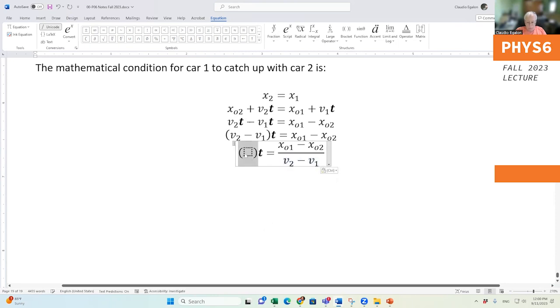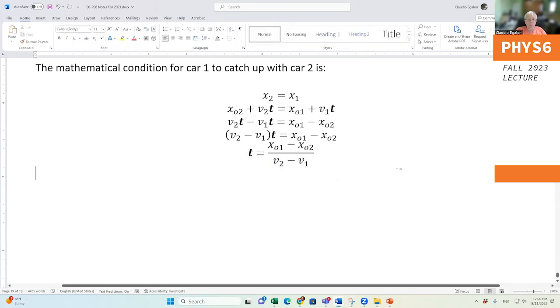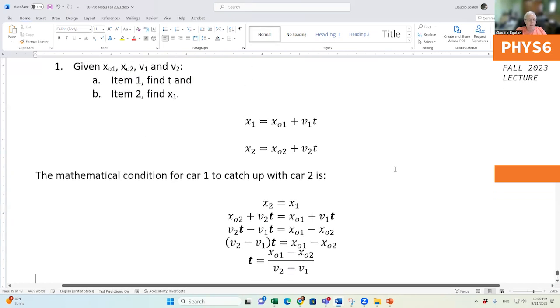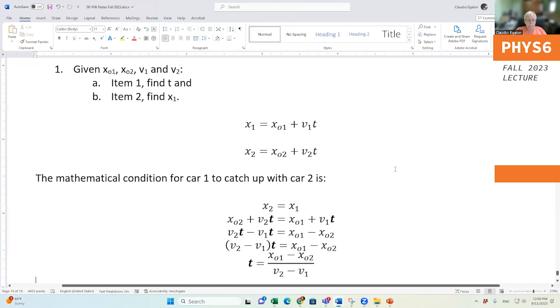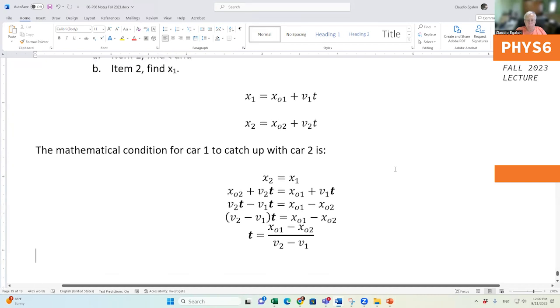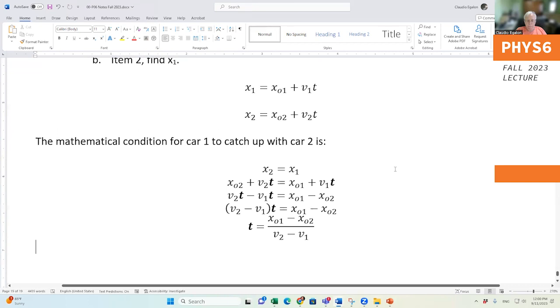That's how we solve the first problem, 12 noon, right? Here you go. But that's at the end, when car 2 catches up with car 1.